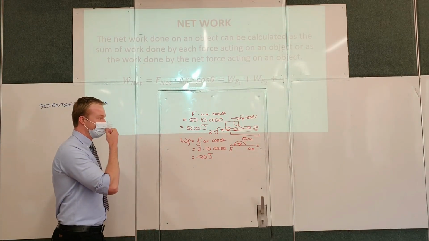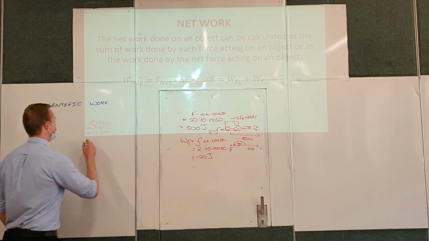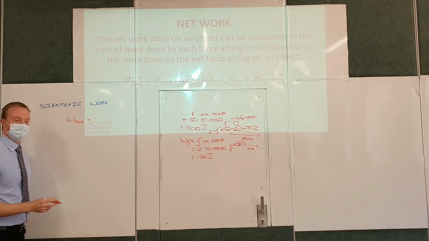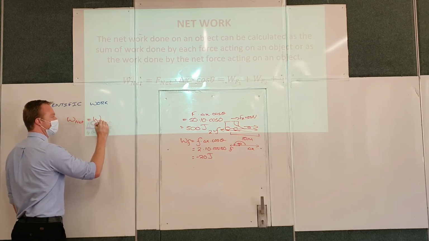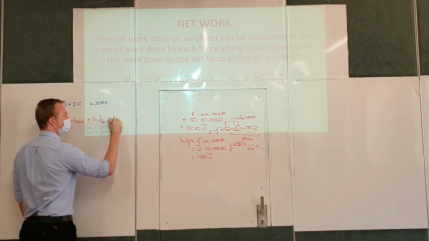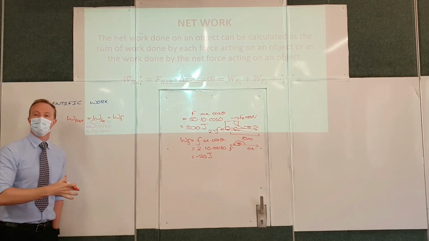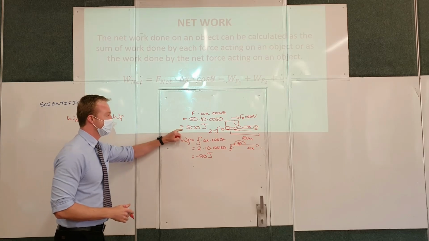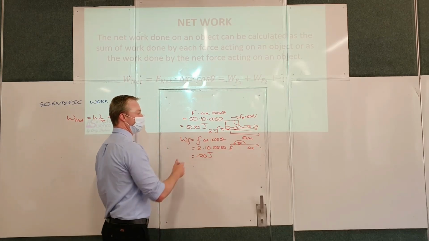So there are two ways in which net work can be calculated. The first one is that we can say that the net work is simply the sum of all of the works, or the sum of the work of all of the forces acting on this object. So in this case, we would say this object has two forces acting on it.